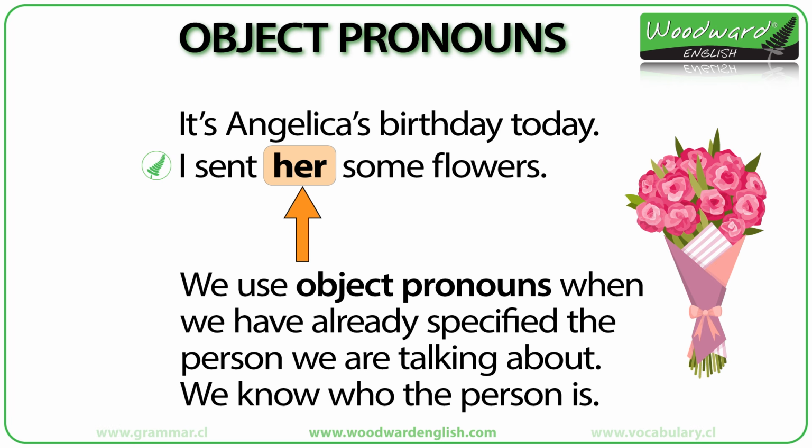For example, it's Angelica's birthday today. I sent her some flowers. Now we know the flowers are for Angelica because I mentioned her name before. I sent her means I sent Angelica. The person receiving the flowers is Angelica.